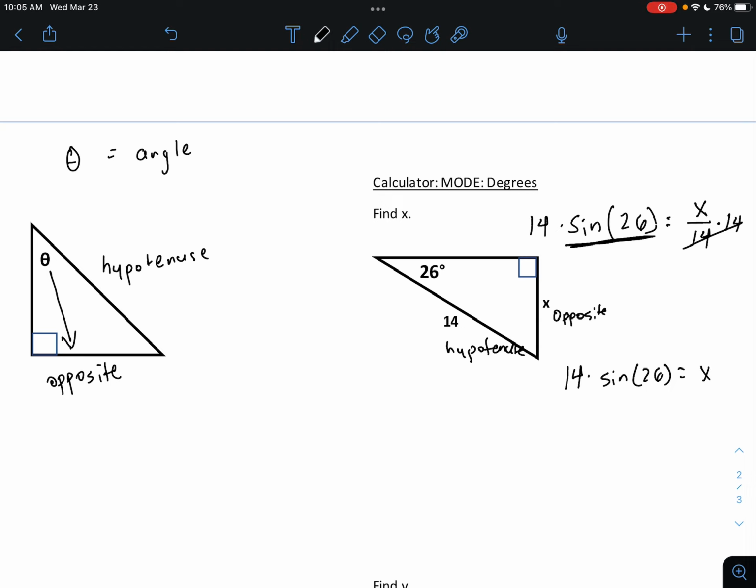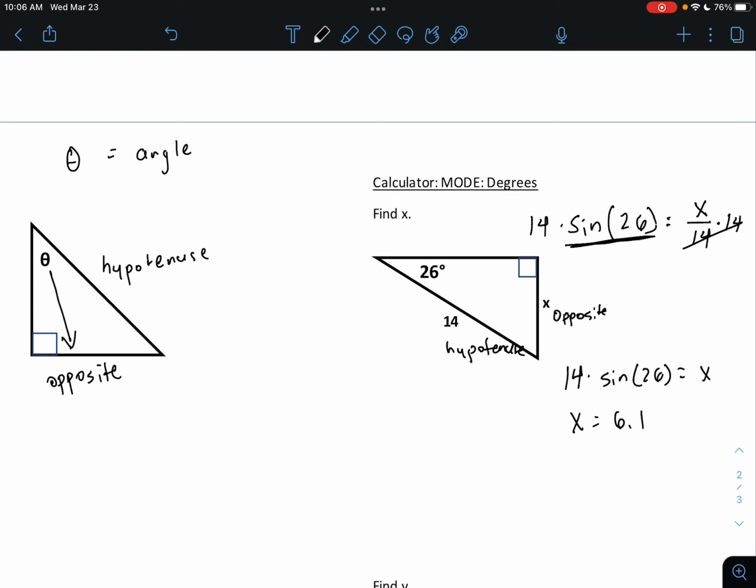If I put that into my calculator, 14 times the sine of 26, we get about 6.1. Now, if you got about 10.7 or 10.67, then you have not changed it to degrees, and you need to go back, change it into degrees, and plug it into the calculator again. So our answer should be that x is approximately 6.1.